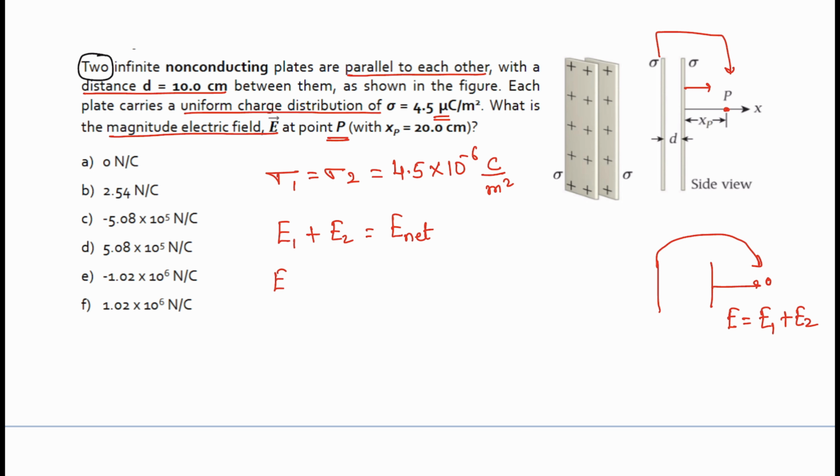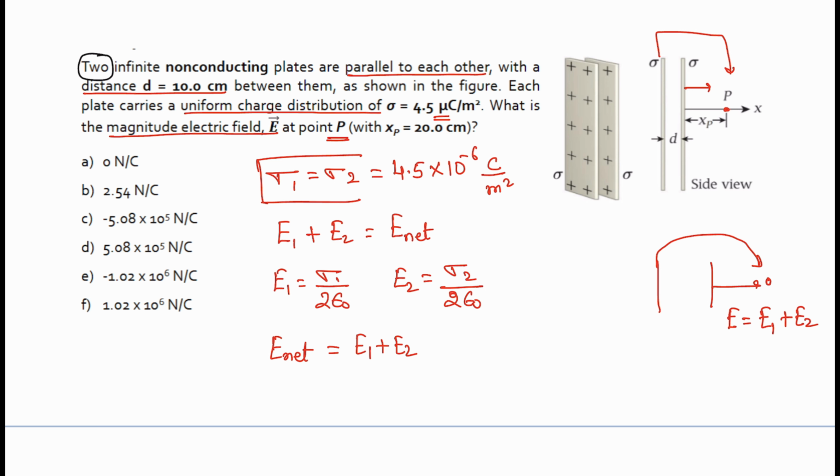So can I say E1 plus E2 is equal to E net? E1 is sigma 1 over 2 epsilon naught, E2 is sigma 2 over 2 epsilon naught. We know both are the same. So E net is equal to E1 plus E2, sigma by 2 epsilon naught plus sigma by 2 epsilon naught, which is equal to sigma by epsilon naught.